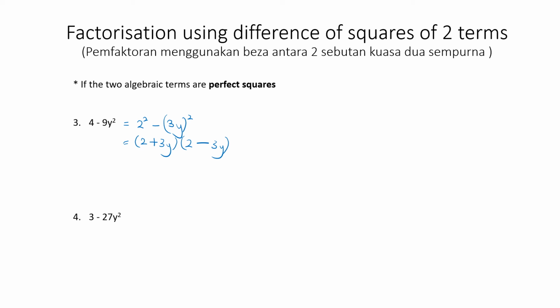For the next question, when you look at this question, 3 and 27, you know that 27 is a multiple of 3. So first we need to factorize the number, or you can find out the HCF for these two numbers. So for 3 and 27, we factorize it by taking out the 3.